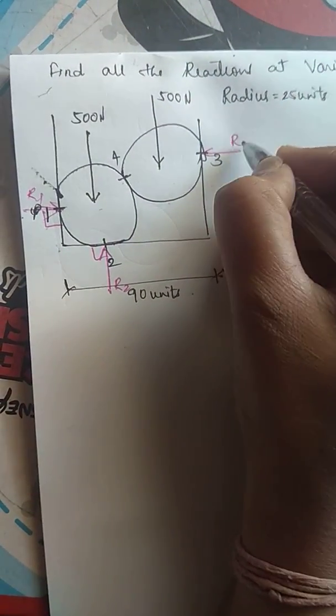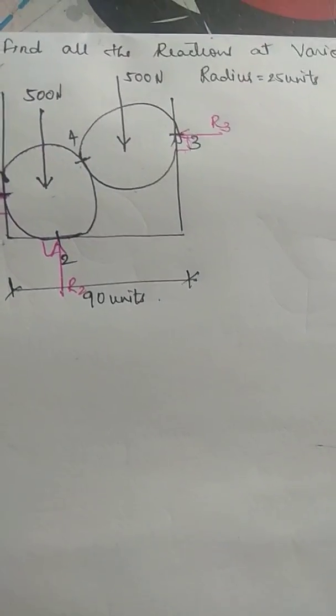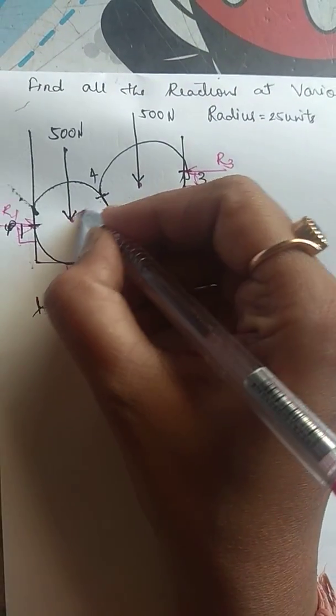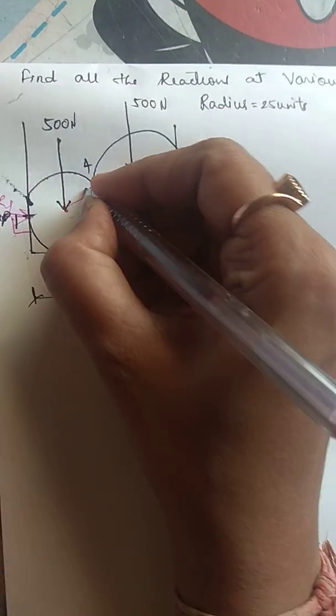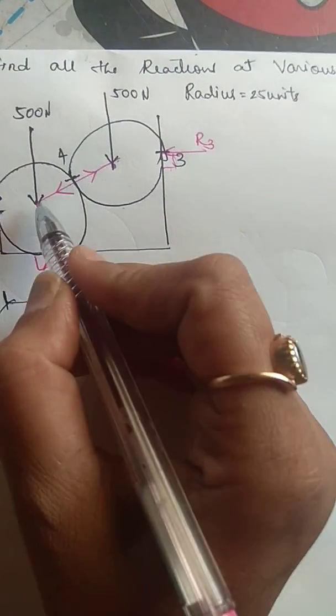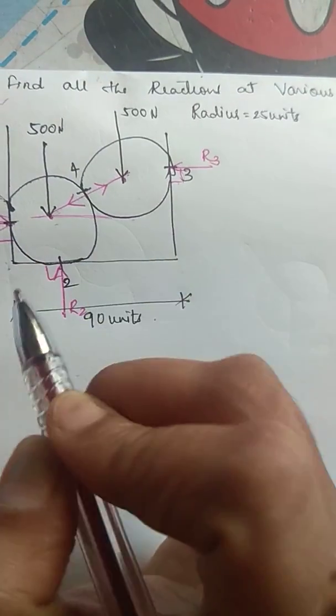At 3, I will have a reaction at right angles to the surface, so it is 90. Between these two rollers, the force is going to be like this, and I know it is compression, so two arrows outwards. I need to find the angle made by this force with the horizontal.